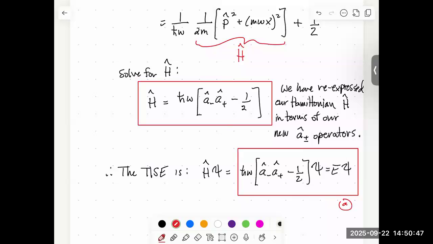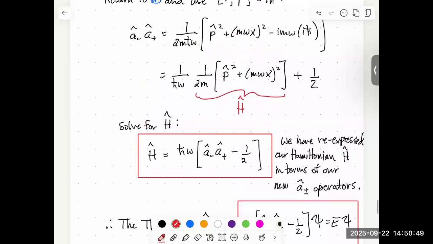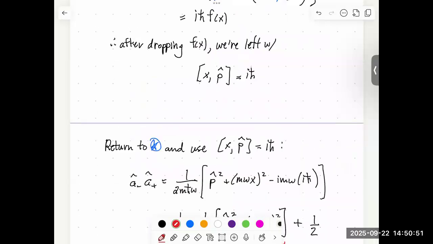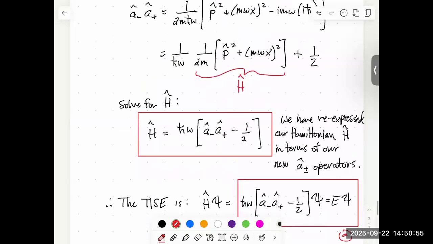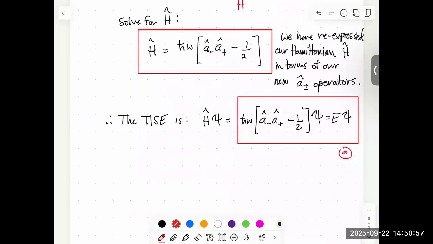Now, we made an arbitrary decision to work out the product a minus and then a plus. We didn't have to do that. When I did my factorization, I could have said, okay, I've got my two factors, let's do a plus times a minus. And you can do that.